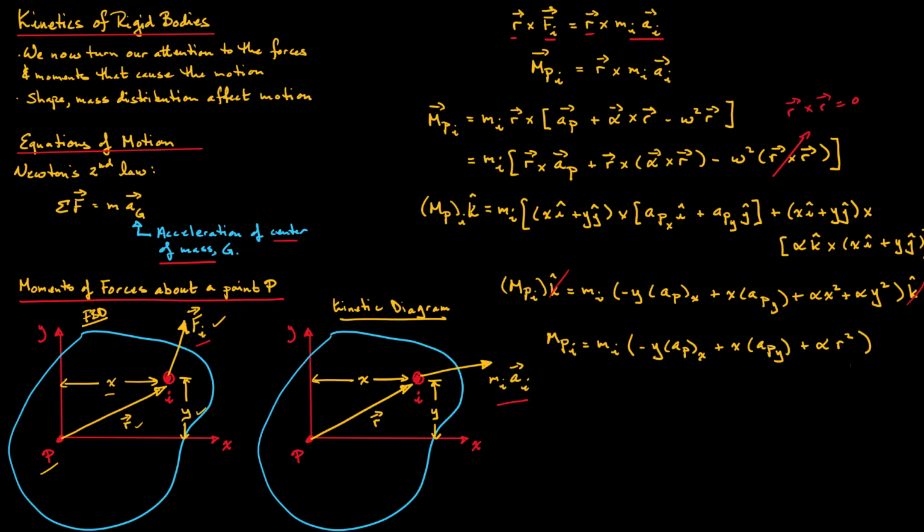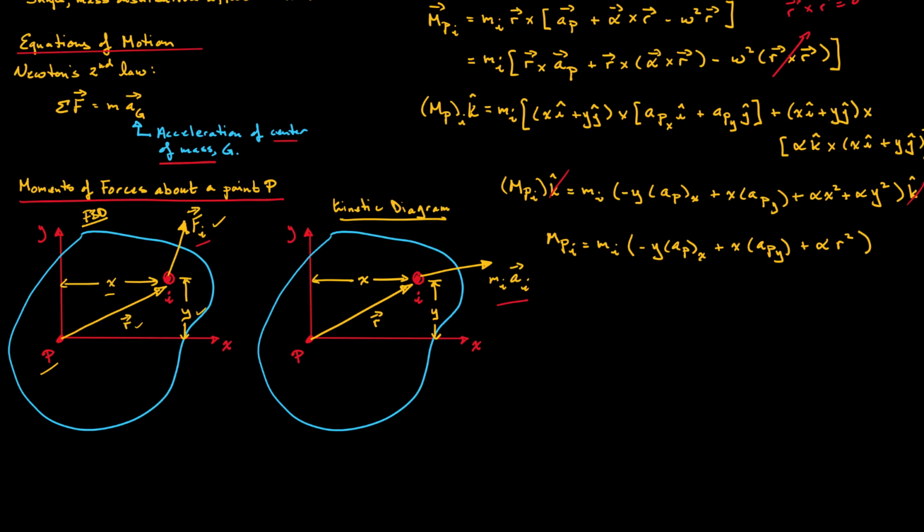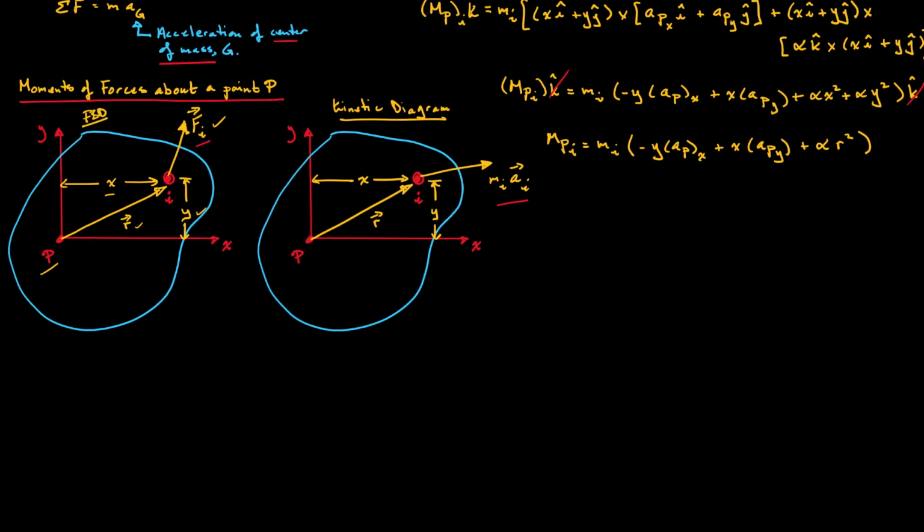Again, I'd encourage you to try this cross product at home. Make sure that you get the same result. Now this might seem like a lengthy derivation, but it's actually useful to know where the final equation, which we'll present in a second, comes from.